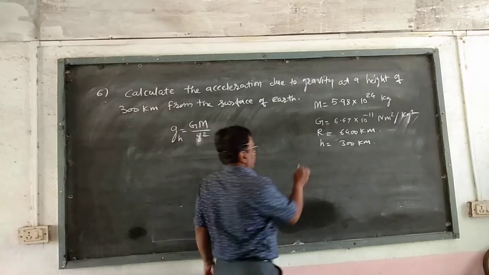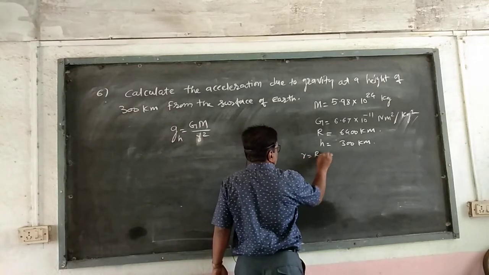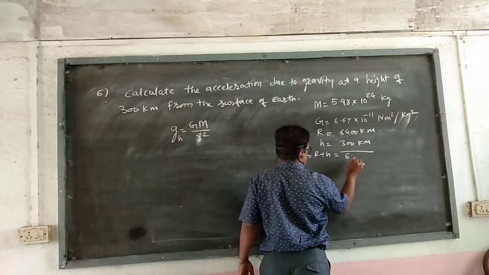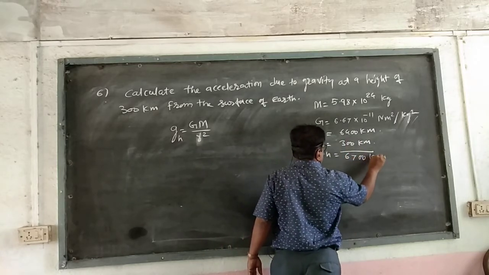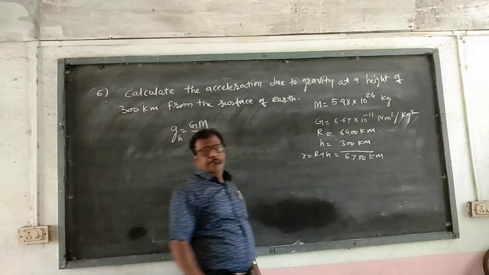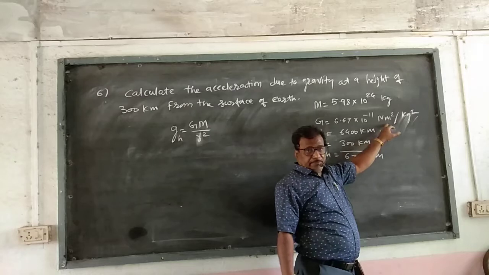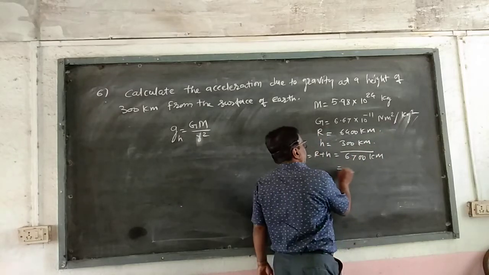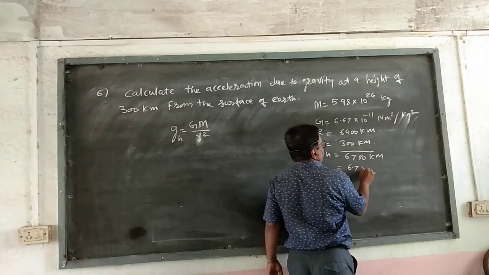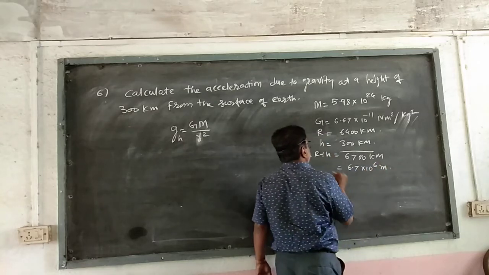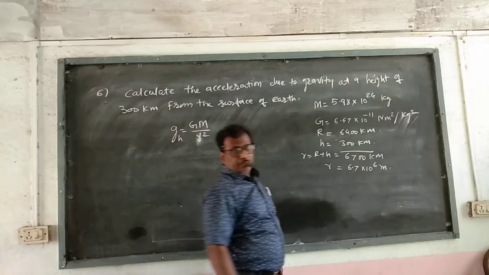Small r is equal to capital R plus h, so that is equal to 6700 kilometer. Now convert this kilometer into meter. So that is equal to 6.7 into 10 to the power 6 meter, that is small r.